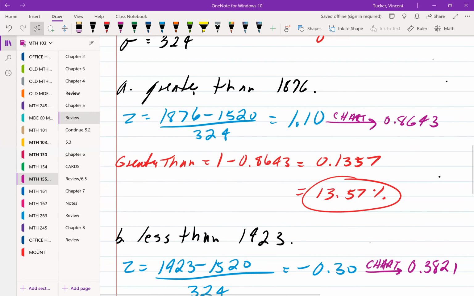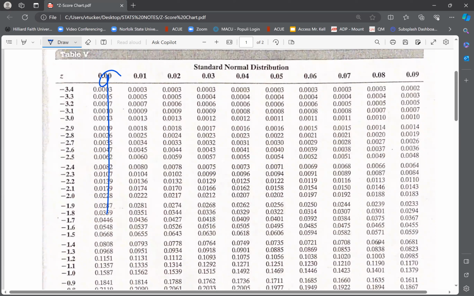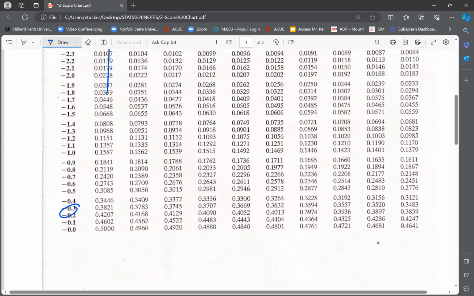We'll go to the chart one more time just to emphasize the process. So we have negative 0.30. We got the 0 up here, of course, that's this first column. So negative 0.3, 0 is right here, and that gives me 0.3821.